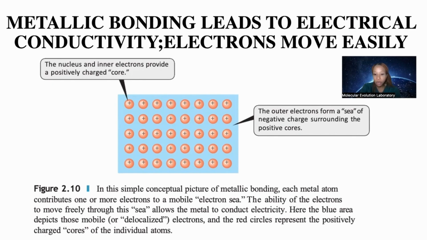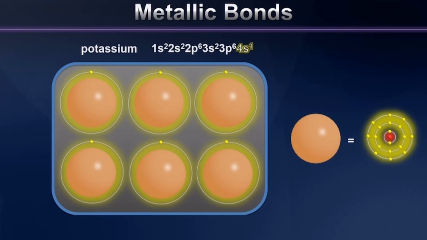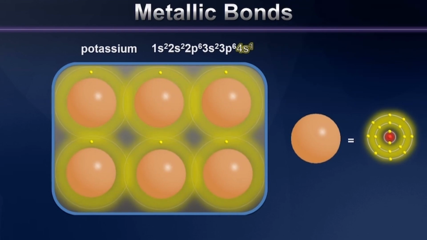In this simple conceptual picture, each metal atom contributes one or more electrons to a mobile electron sea. The electrons actually move freely, and the ability of the electrons to move freely through the sea allows the metal to conduct electricity.